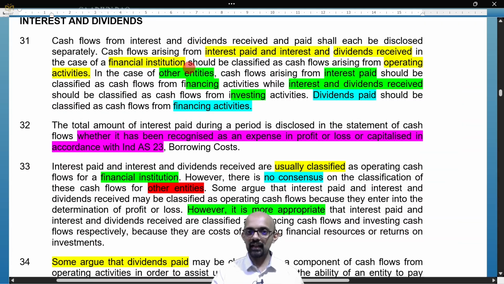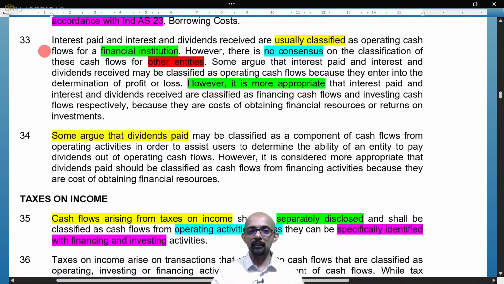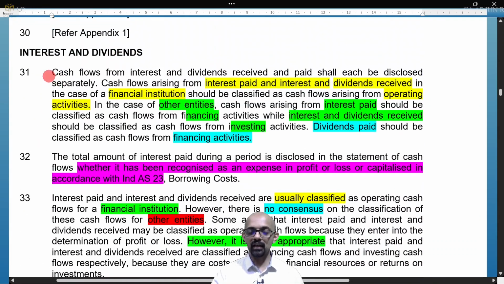So, this mandatory classification is from the words should be classified, that is there in para 31. Now, in the standard, in paras 33 and 34, the other arguments are given, but what is to be done is in para 31. They should be classified, right? How should they be classified? That is clearly given. That is what we saw on the table.